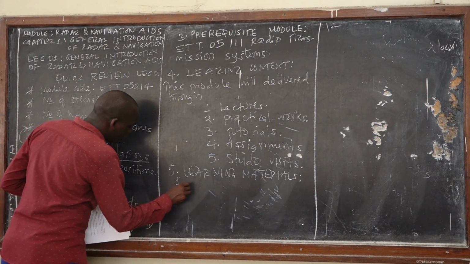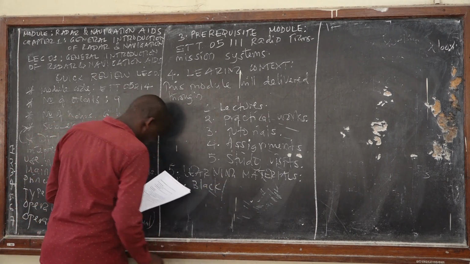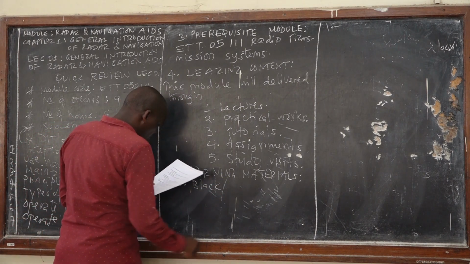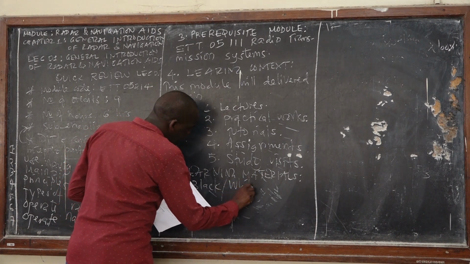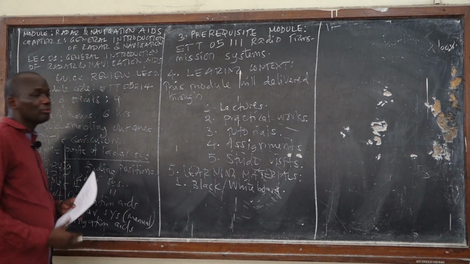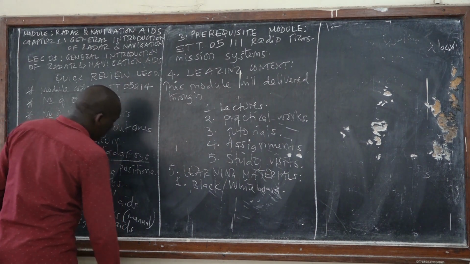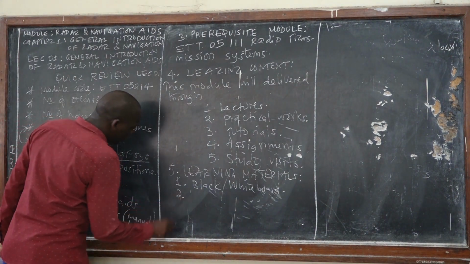The following materials might be used: a blackboard, like the one that I'm using right now, or a whiteboard. We may use either a blackboard to learn about radar and navigation aids, or a whiteboard.